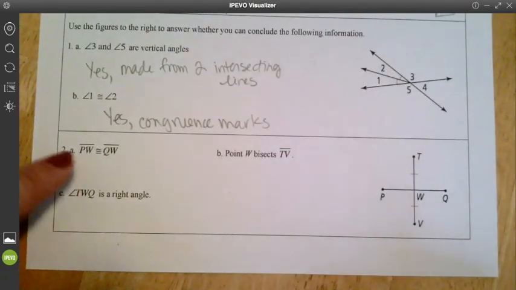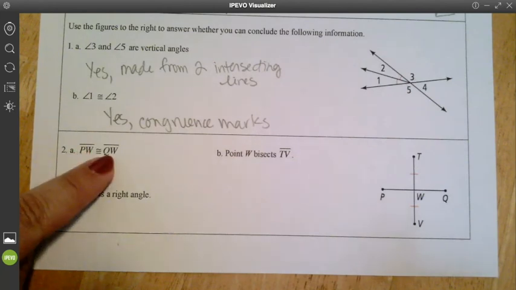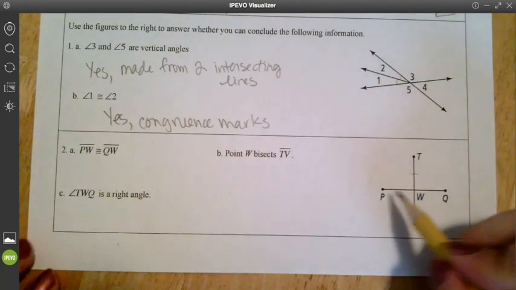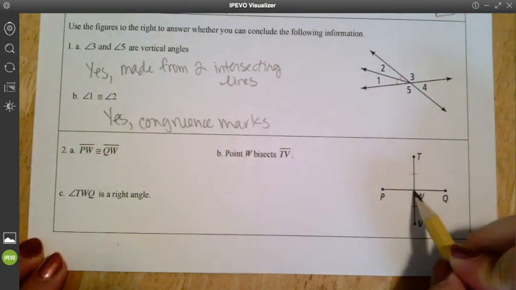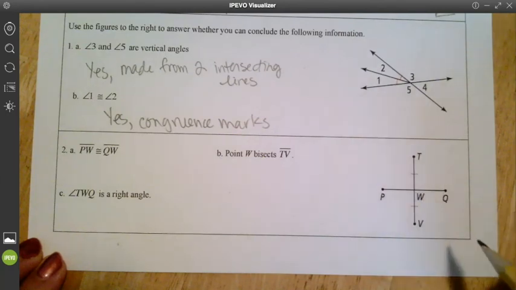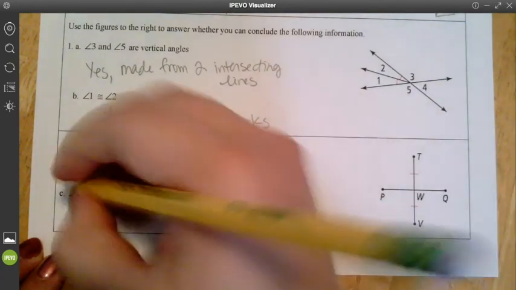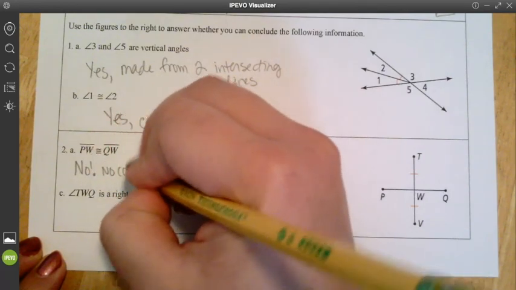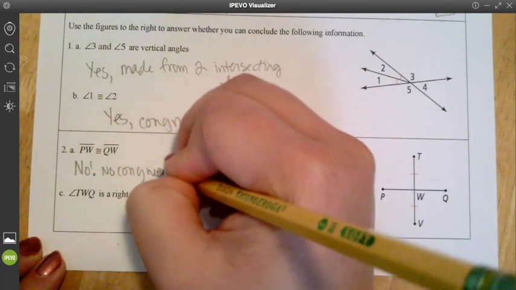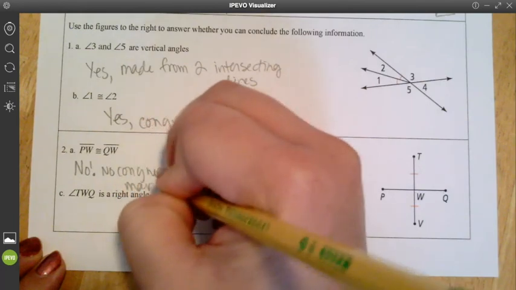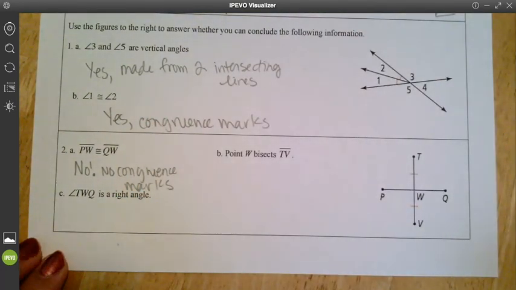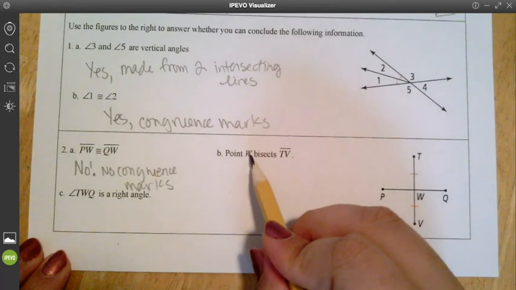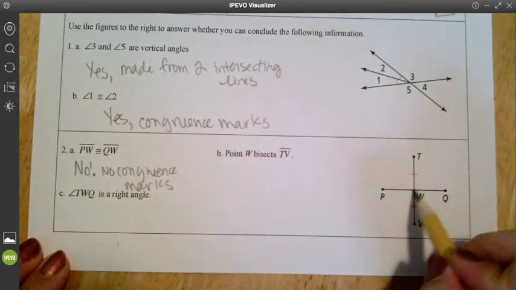How about if segment PW is congruent to segment QW? These vertical segments are marked as congruent. These ones are not, so no. No congruence marks. How about B? W bisects TV.